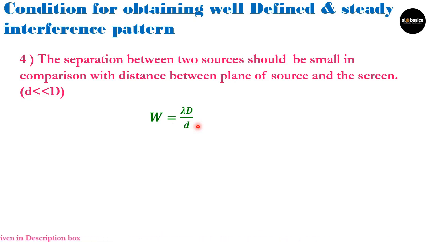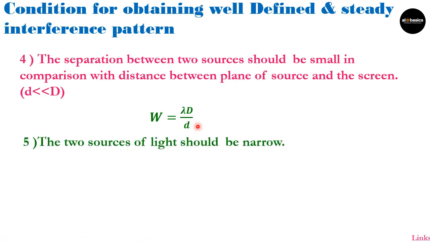And for that purpose, this condition is required, or if this condition is followed, we'll get well separation between bright and dark band. Now next condition is the two sources of light should be narrow. If sources are wide, what will happen?